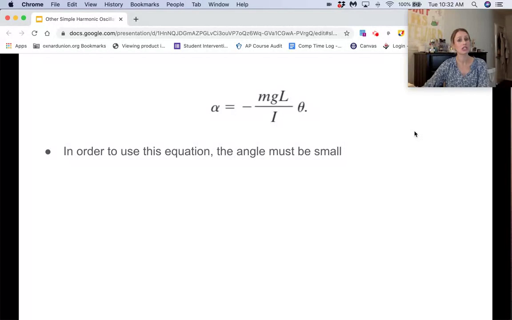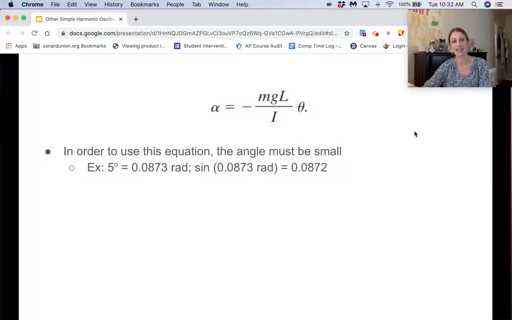So in order to use this equation, the angle has to be small. So for example, 5 degrees is equal to 0.0873 radians, and the sine of 0.0873 radians is 0.0872. So when the angle is very small, then the sine of the angle is basically equal to the angle when we're doing this in radians.